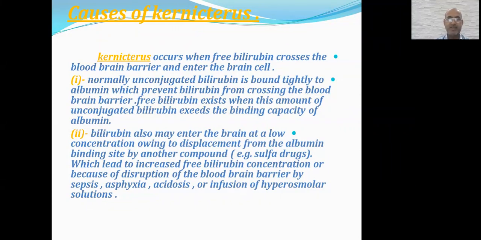So kernicterus can happen at a lower concentration due to other problems, as we mentioned, like displacement from the albumin binding site in certain conditions. For example, sulfa drugs given to the newborn immediately attach to the receptor on the albumin.